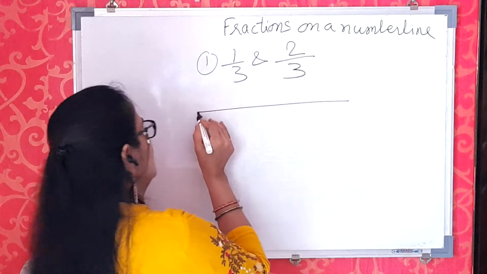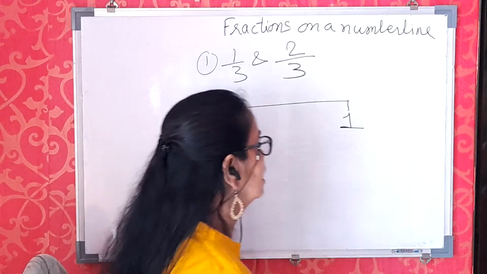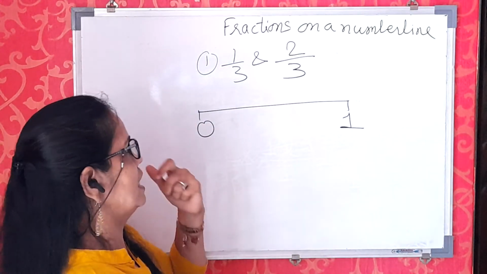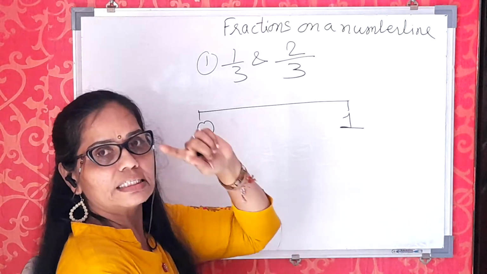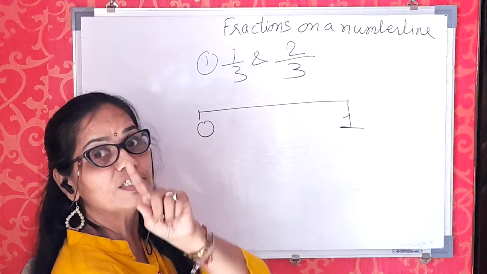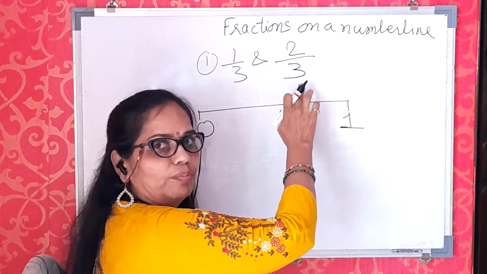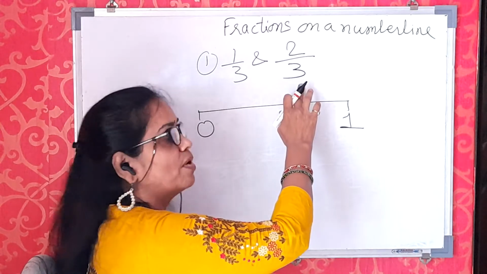So you are making 0 and here it would be 1. Now 1/3. You know that same numerator and same denominator number makes 1 whole. So here 3 is the denominator in both the fractional numbers.